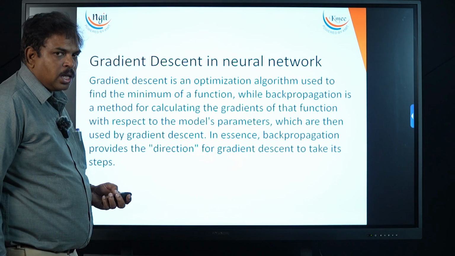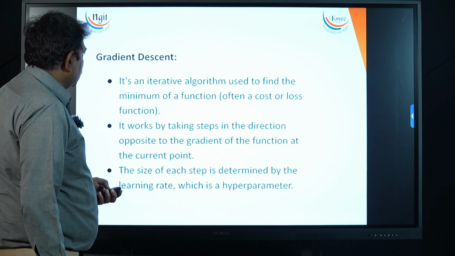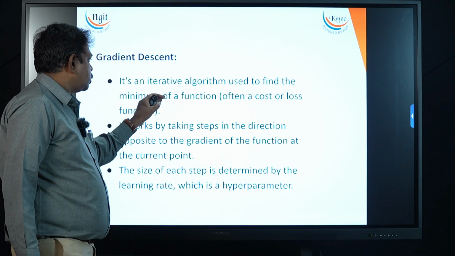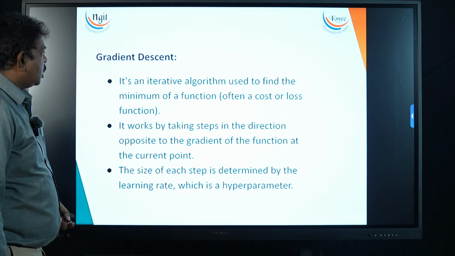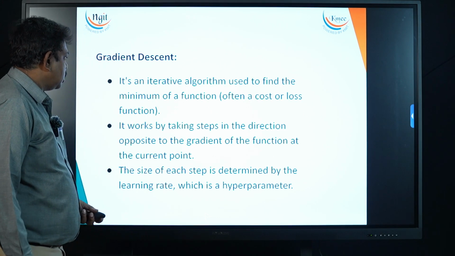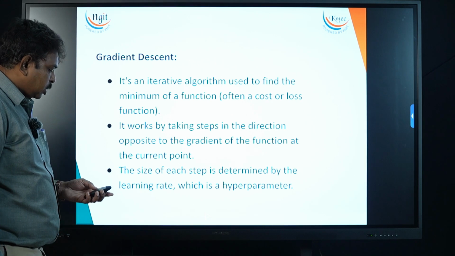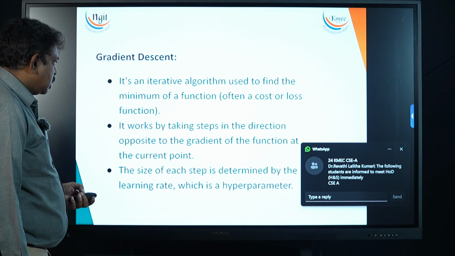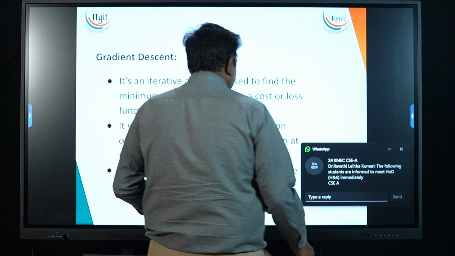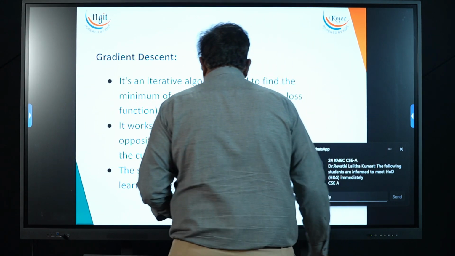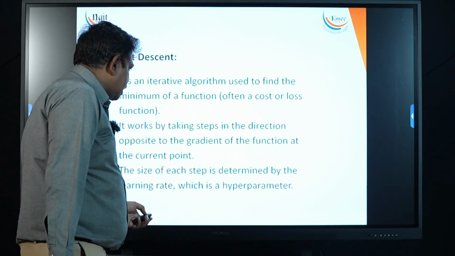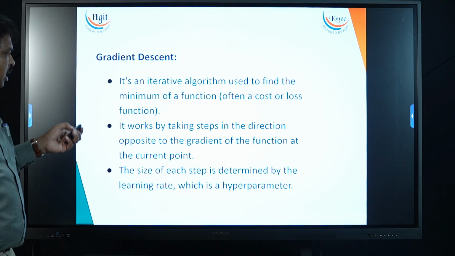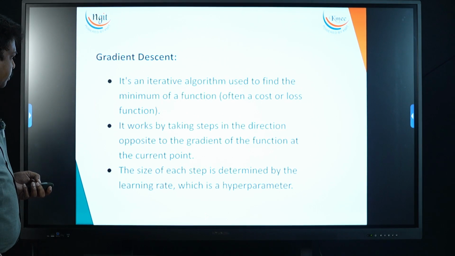Again it goes for relearning on the data. So gradient descent is an iterative algorithm used to find the minimum of a function, nothing but your cost or loss function. It works by taking steps in the direction opposite to the gradient of the function at the current point. The size of each step is determined by the learning rate, which is a hyperparameter. Here the plus 5 and plus 10 are nothing but hyperparameters.